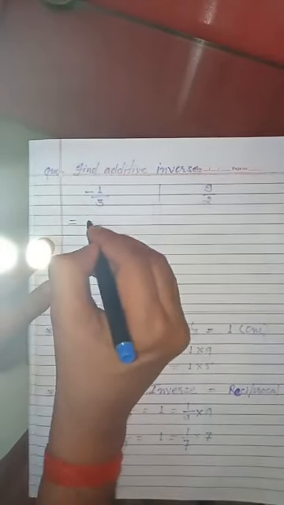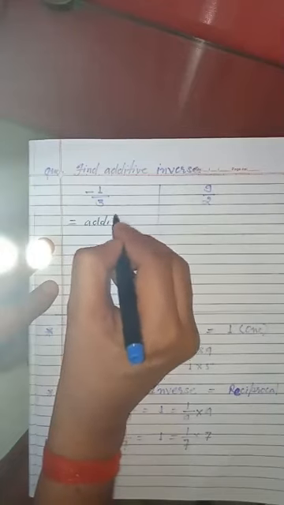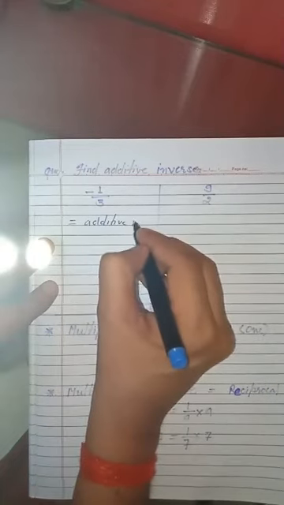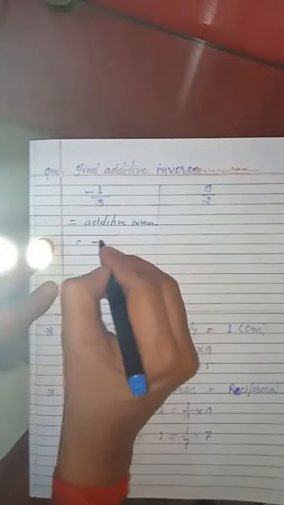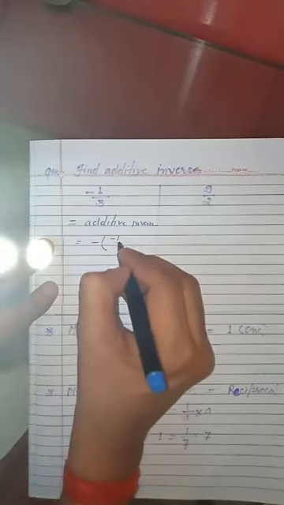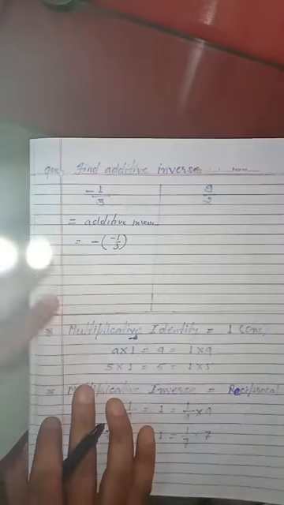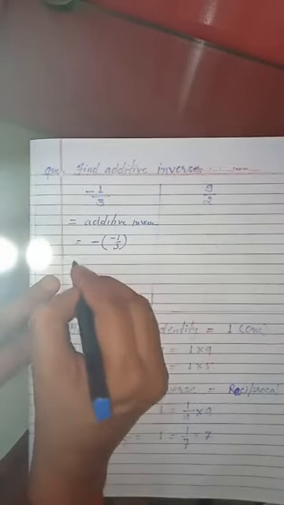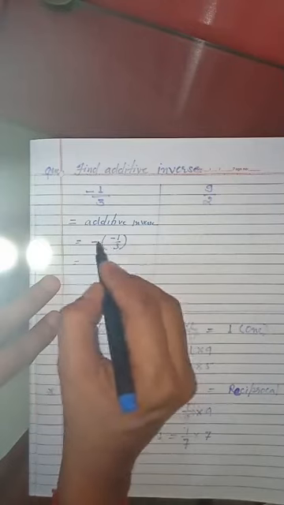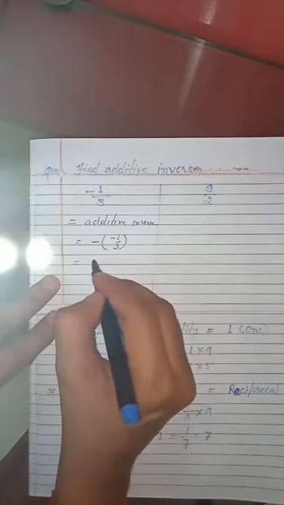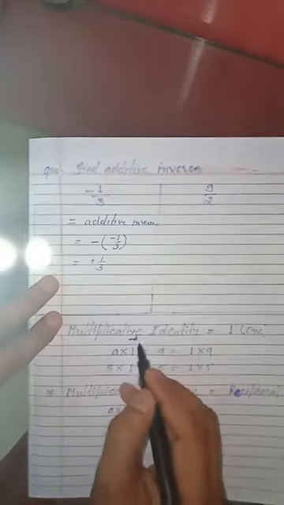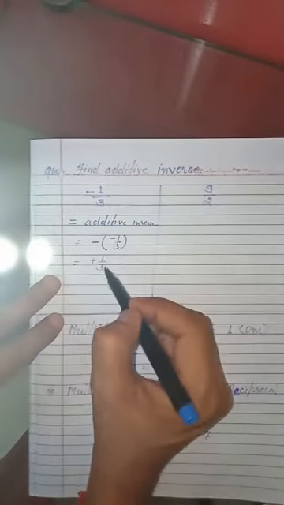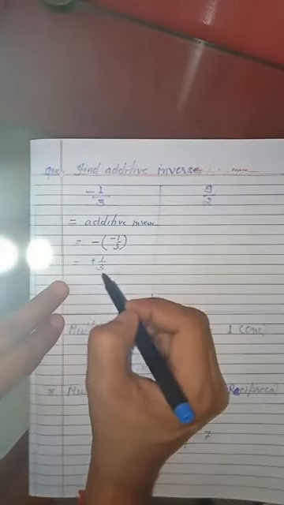So we can write additive inverse, that means minus of the given minus number. That is also equal to minus of minus 1 upon 3. Whenever we open the bracket, minus multiplied with minus, the number becomes plus, and this is 1 upon 3. So this is the additive inverse of this number, 1 upon 3.